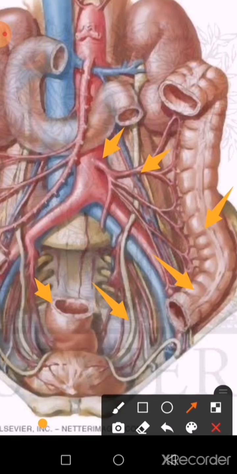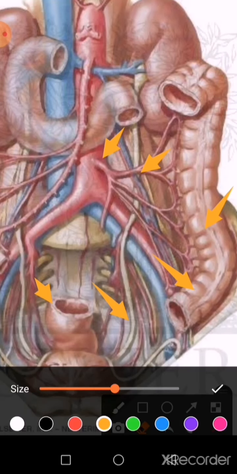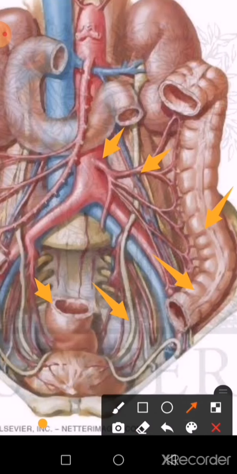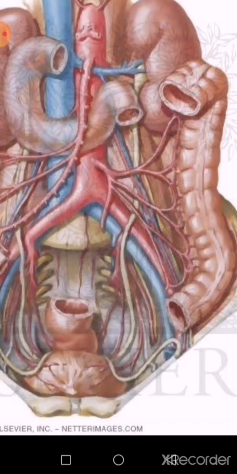Now the posterior relations of the right and the left ureter are identical, right? So that's nothing to worry about. The right and the left relations are pretty much identical. Okay, so you can see again the psoas major, the genitofemoral nerve. We cannot see the transverse processes in this particular image, right?